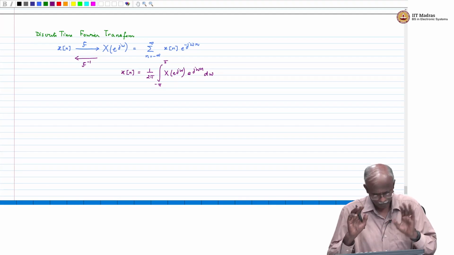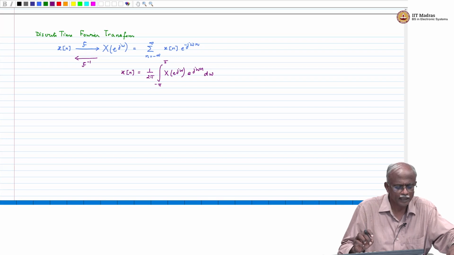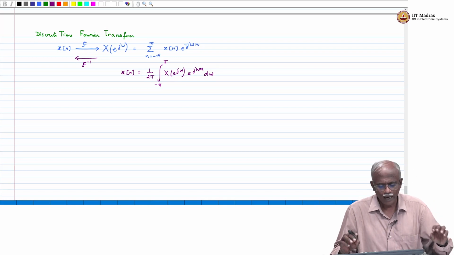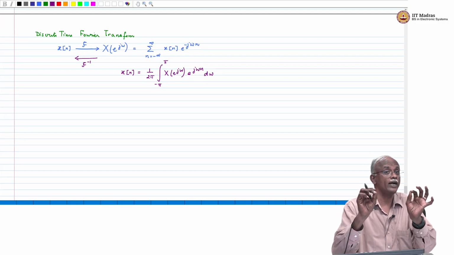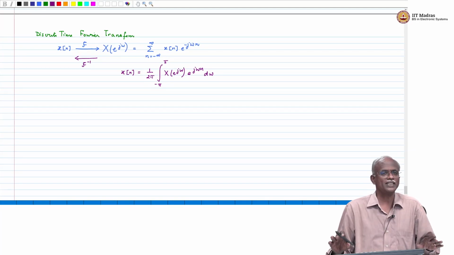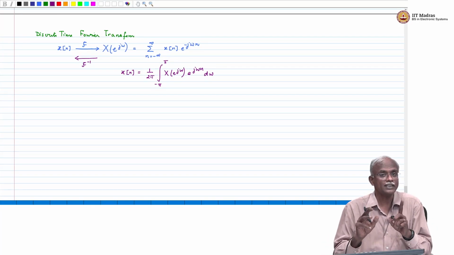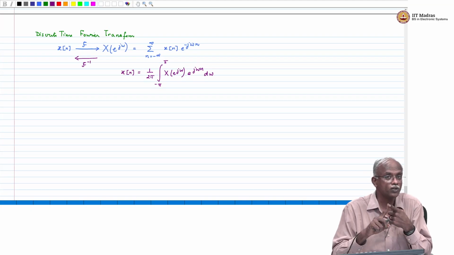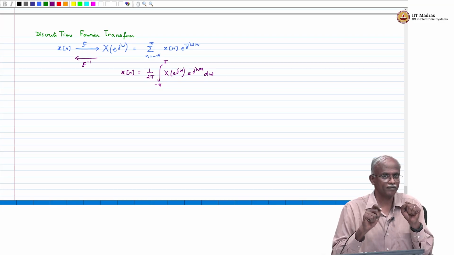Okay. Now, before we go very much further, I want you to at least feel comfortable that this is something that you have already seen. Now, you may say, well, no, we've never seen anything called discrete time Fourier transform, but in signals and systems, you would have studied what is called Fourier series representation of periodic signals, correct?